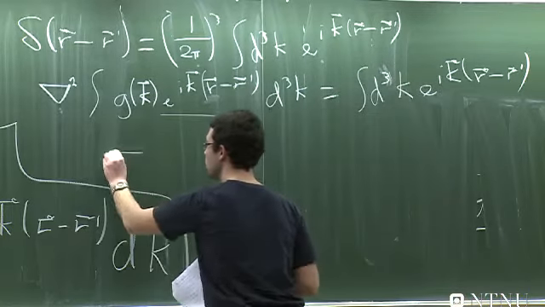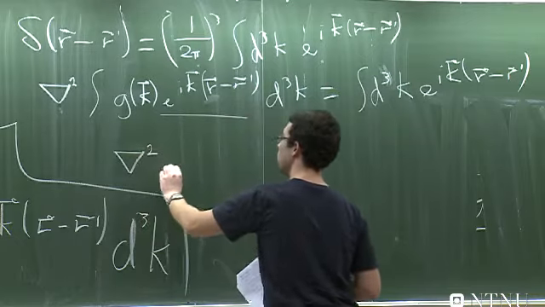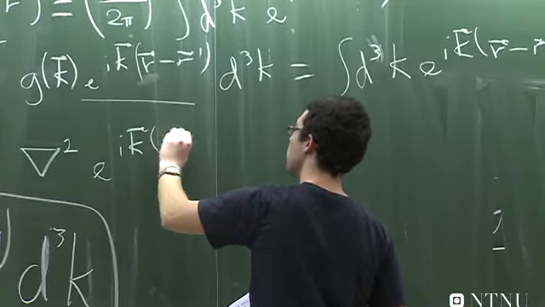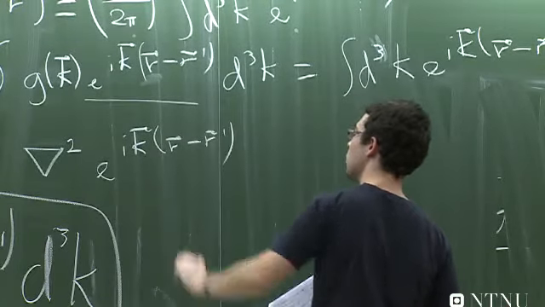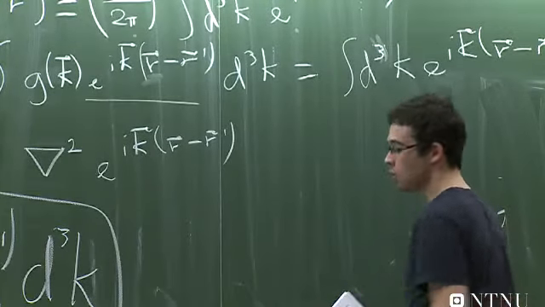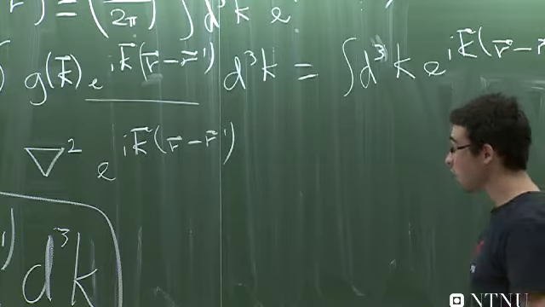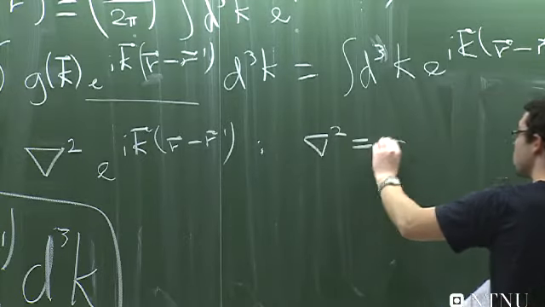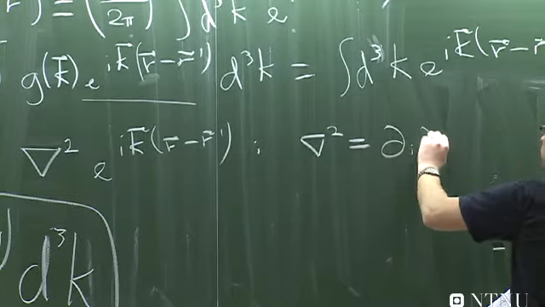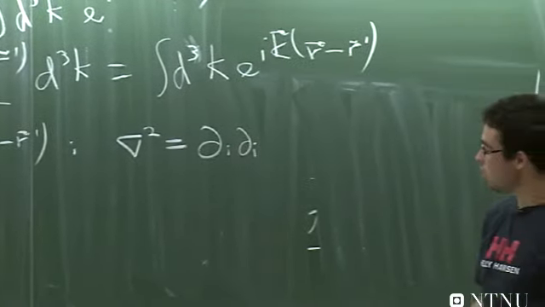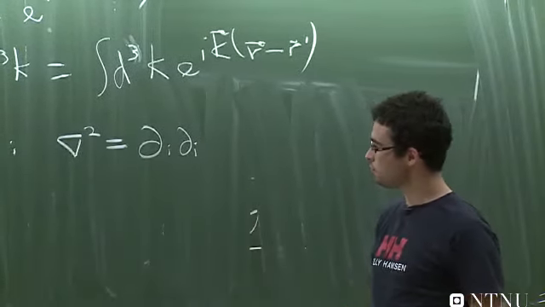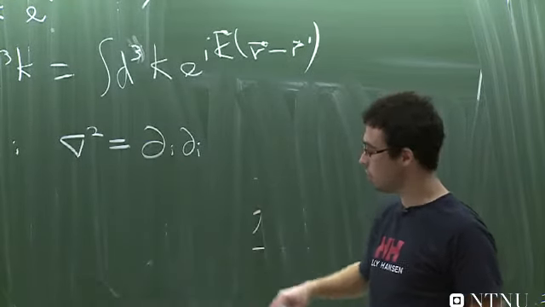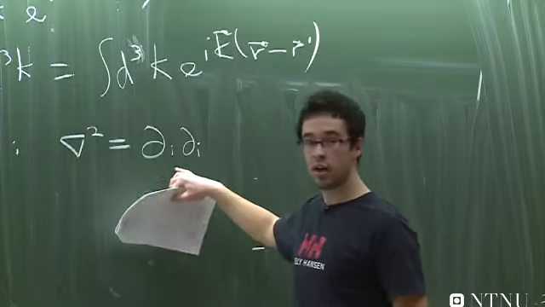So let's see, Laplacian on the plane wave. Well, if I just look at the Laplacian, it's equal to d i, like this, the nabla dotted with itself. And if I just look at one of these at a time, well, then I can look at dx.